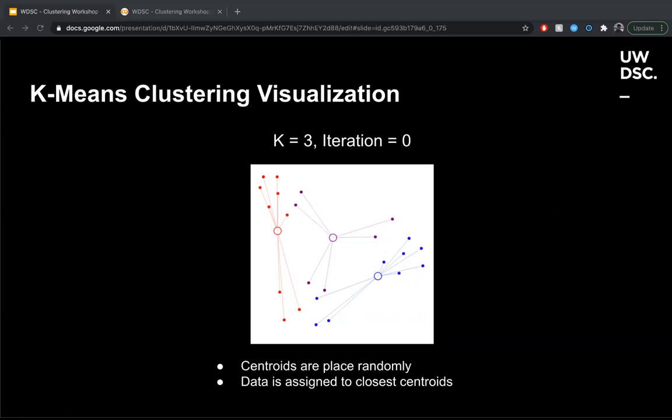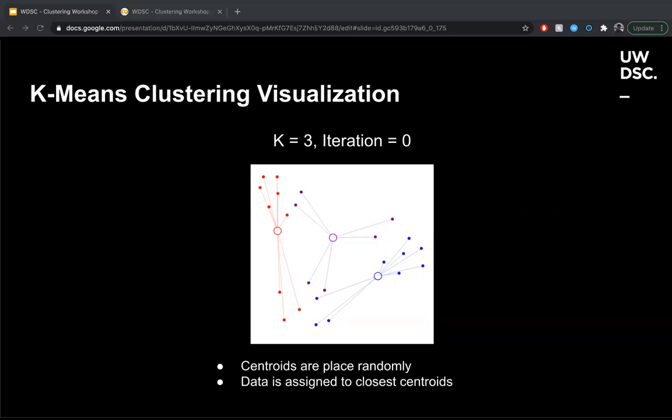So where the circles exist at this moment, they were randomly placed. And then the second step is that the data points are assigned to the cluster whose centroid is closest to that data point. So all the purple data points are purple because they're closest to the centroid of that cluster.